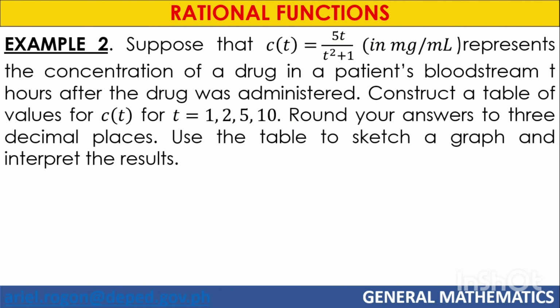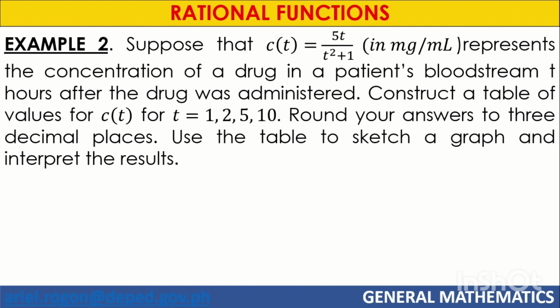Another problem. Suppose that C of t is equal to 5t over t squared plus 1 in milligram per milliliter. Represent the concentration of a drug in a patient's bloodstream t hours after the drug was administered. Construct a table of values for C of t for t is equal to 1, 2, 5, and 10.